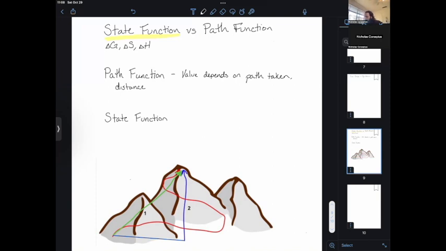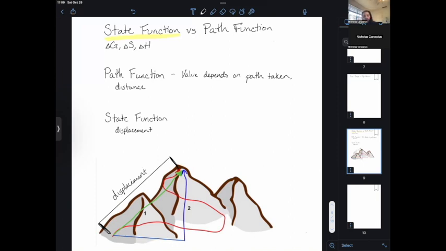Okay. But a state function would be the displacement of those two hikers. The displacement is simply a measure of where you started and where you finished, what that difference is. That's your displacement.